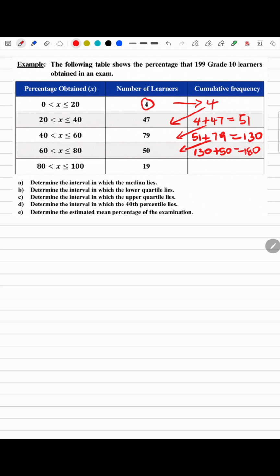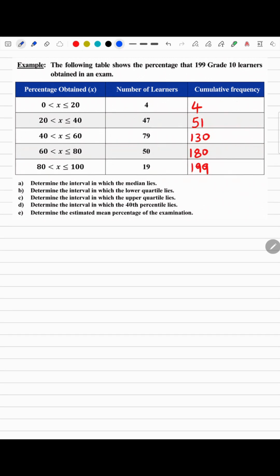Therefore, we'll get 180. Then we take that 180 and add it with 19. Therefore, 180 plus 19 is equal to 199. And the last cumulative frequency must be equal to the sum of the number of learners.